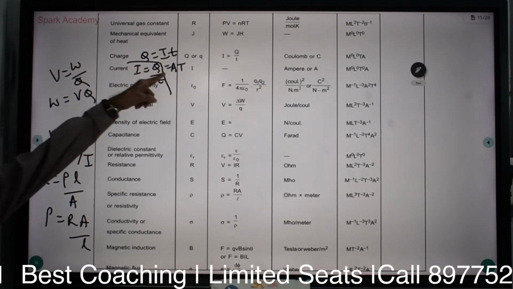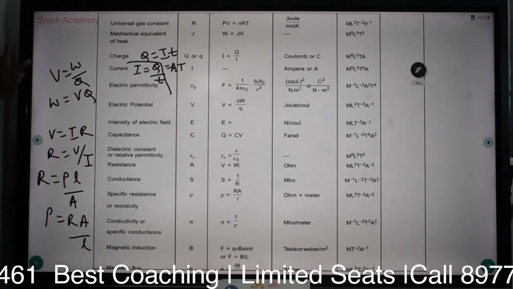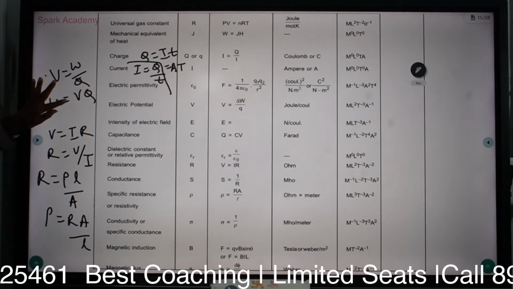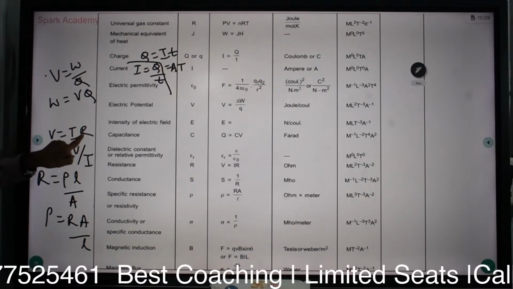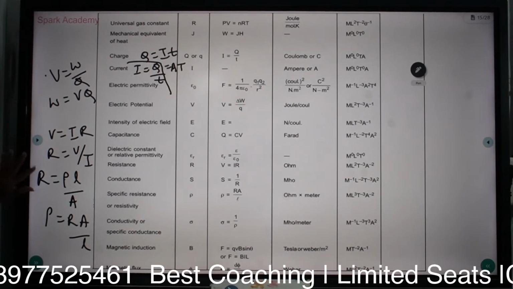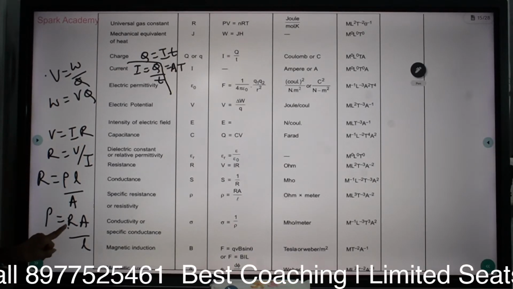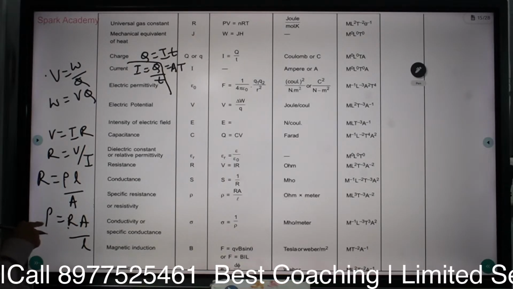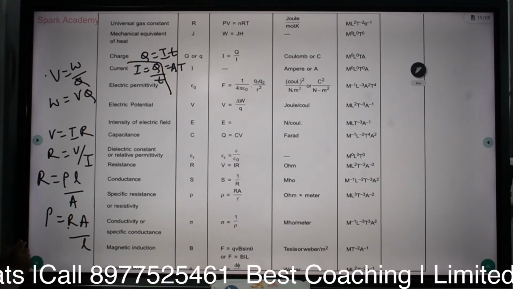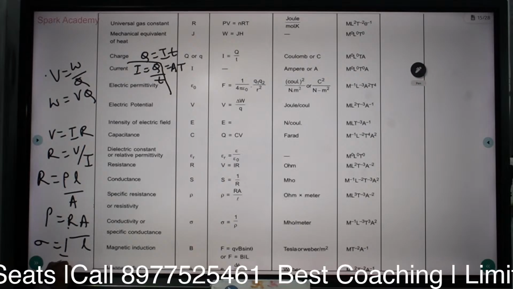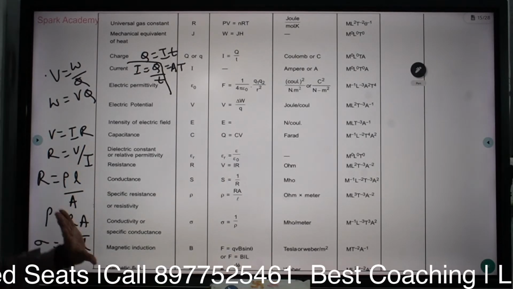You know Q is equal to AT, so you know the dimension of V. Once you know the dimension of V, you will get the dimension for R. Then once you know the dimension for R, A and L, you will get the dimension for resistivity. And conductivity is the reciprocal of resistivity.